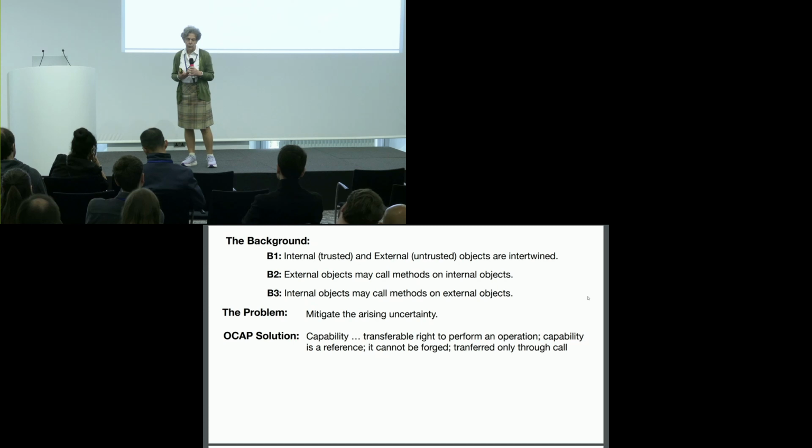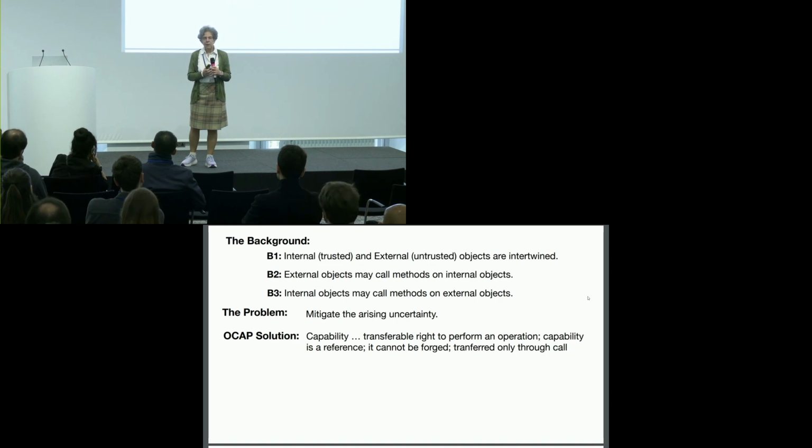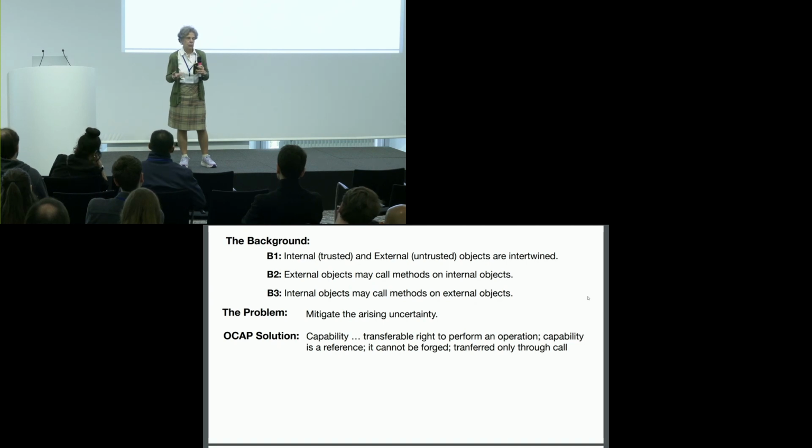The solution proposed by object capabilities is that the capability is a particular object, and if you have access to that capability, then you can have some effect. You can run an operation and change the world.